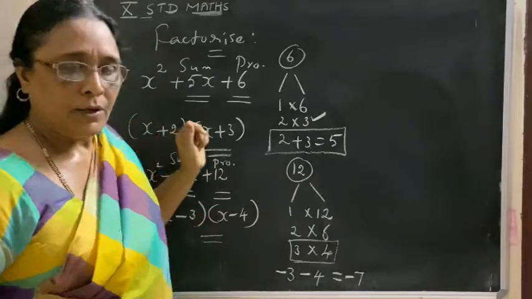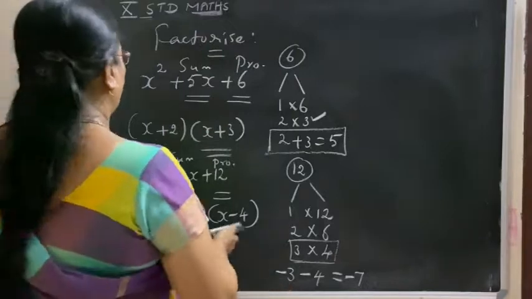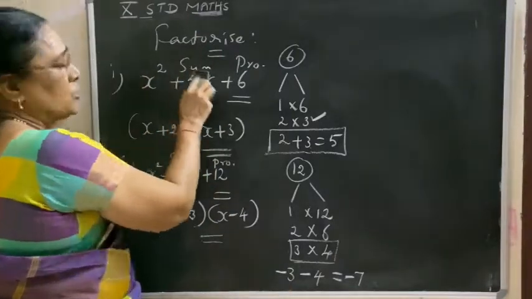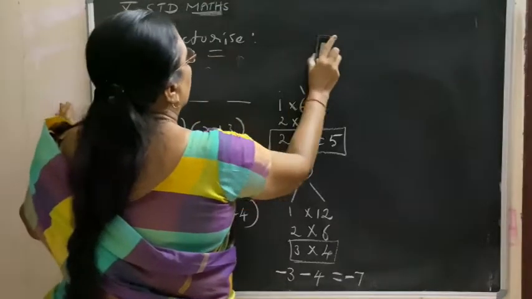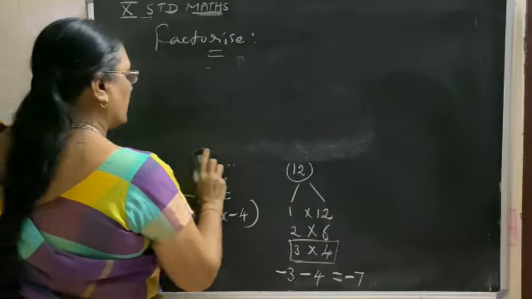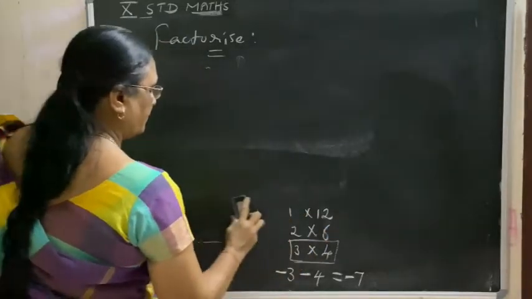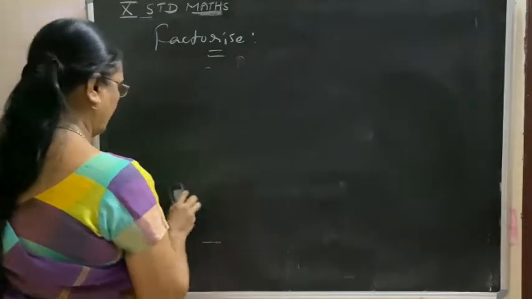Right? Do you follow? Next, these two are the sum of the numbers in the center term. Now we are going to see the third and fourth one. Difference of two numbers.